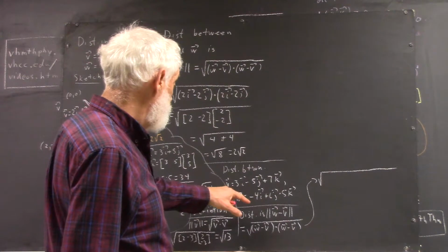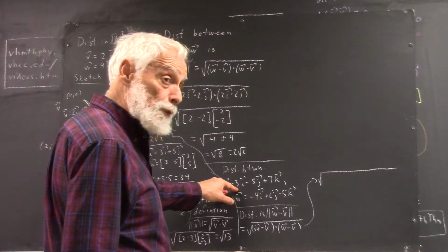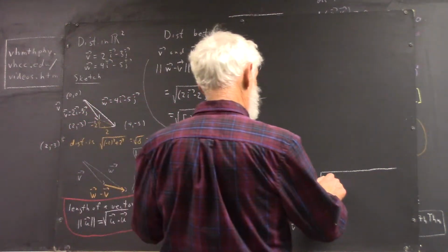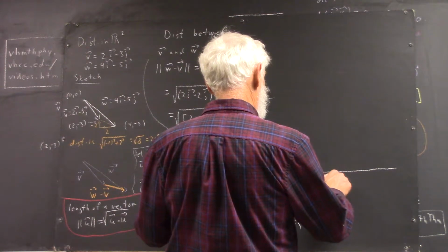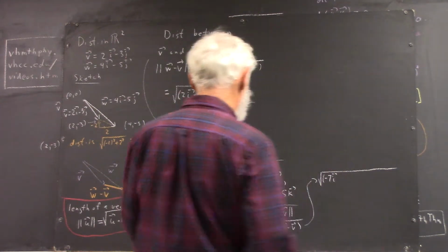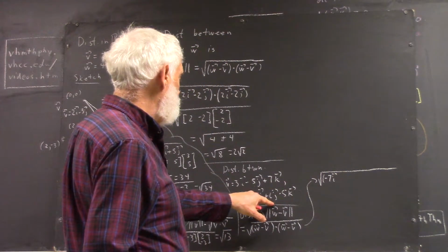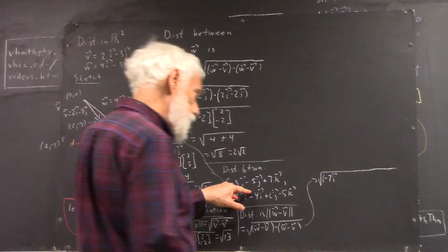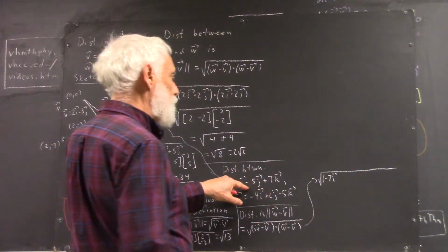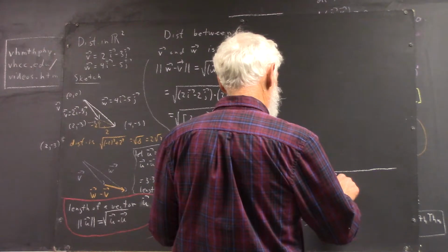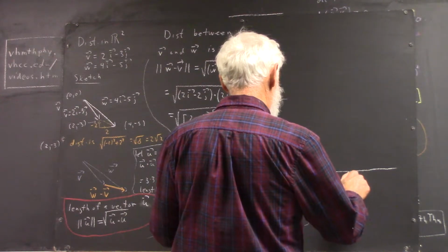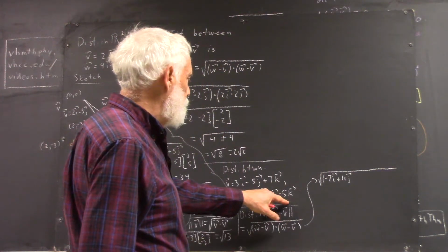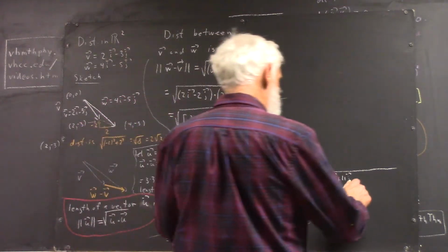It's negative 4i minus 3i, which is negative 7i, 6j minus negative 5j, which is 11j, negative 5k minus 7k, which is minus 12k.